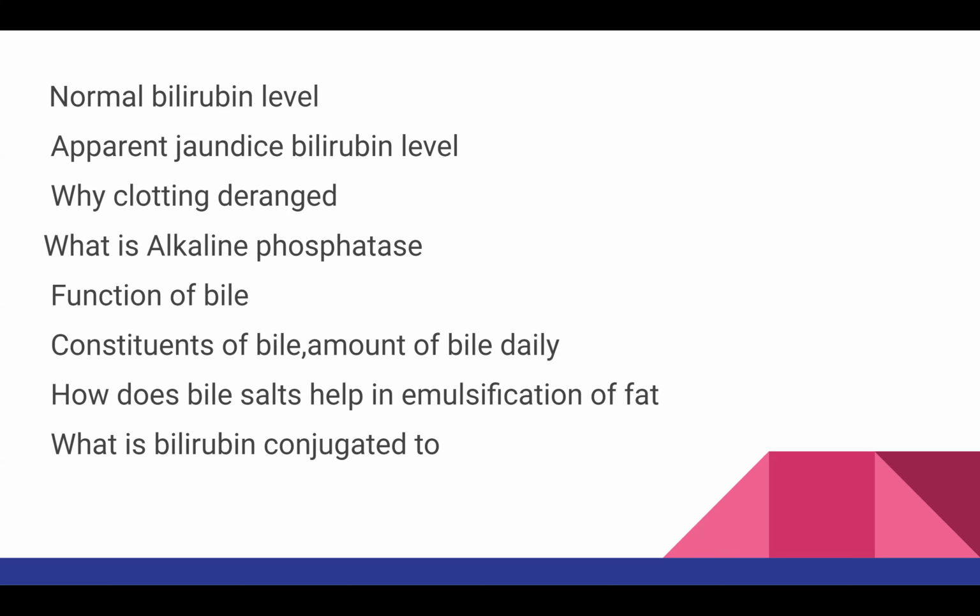Which clotting studies will be abnormal? PT INR, sir. And how will you correct that abnormality? We can correct it depending upon the condition of the patient. If the patient needs an immediate correction, we can give prothrombin complex concentrate and fresh frozen plasma.